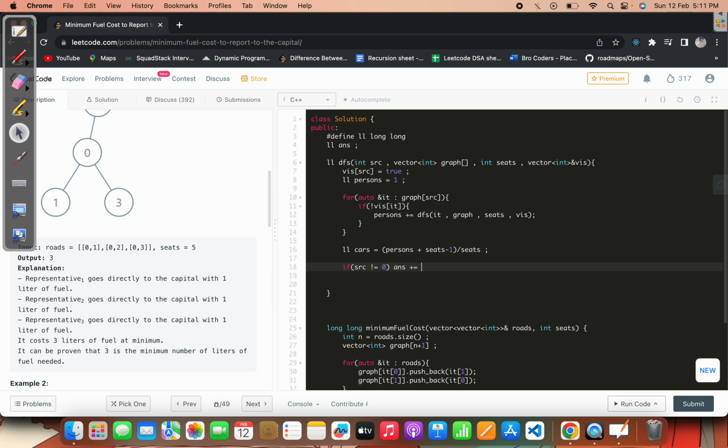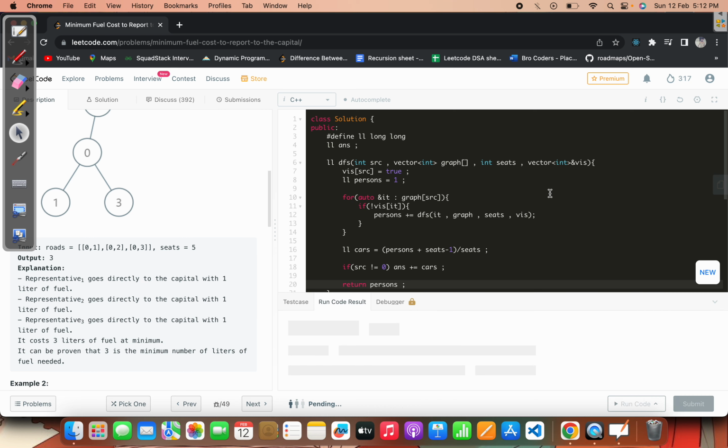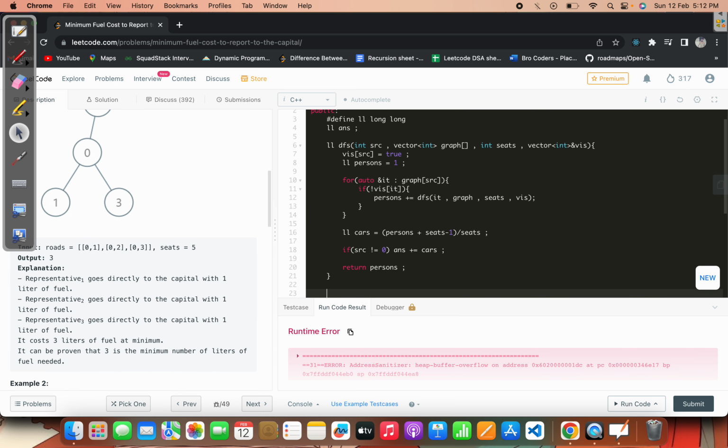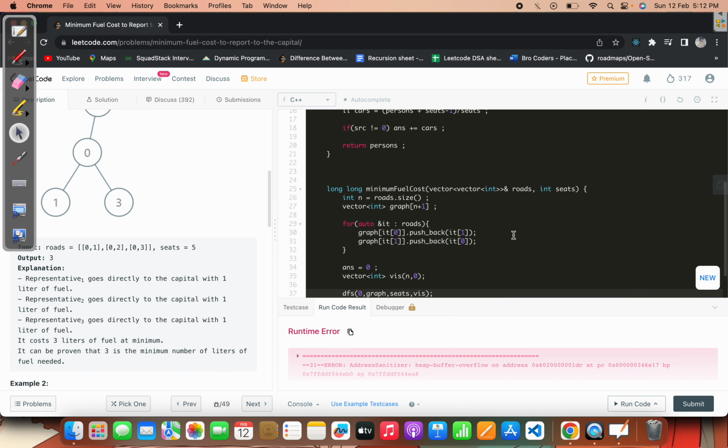We will add it to the answer. We will return the number of persons. So let's now see if it's working or not. Why is it giving a runtime error? Okay.